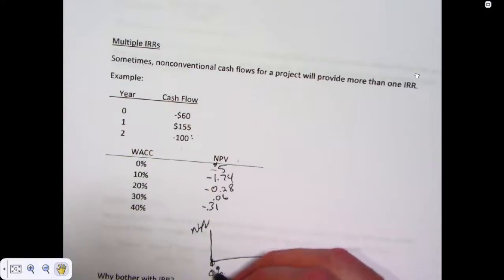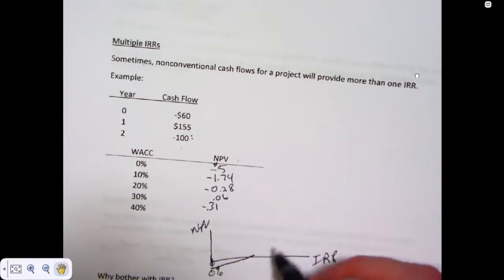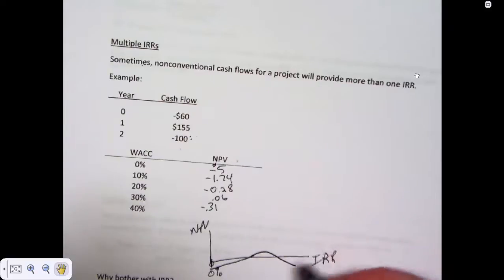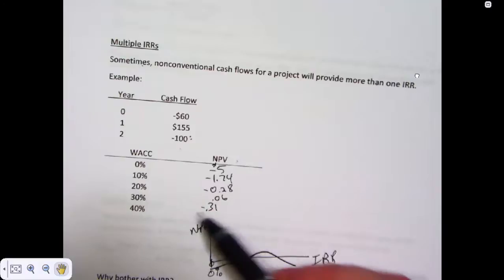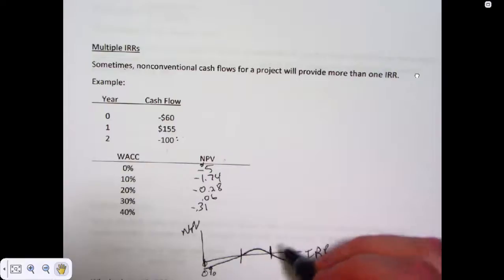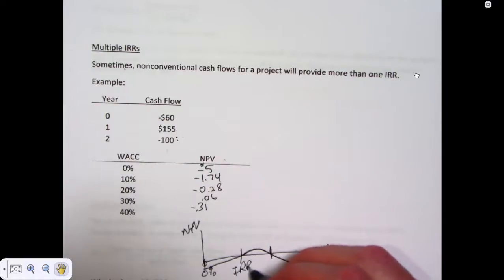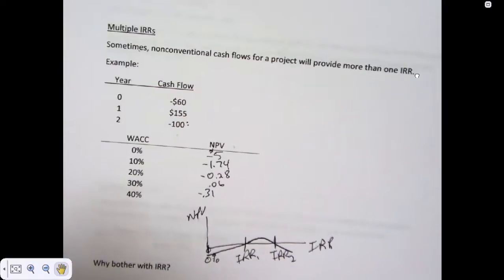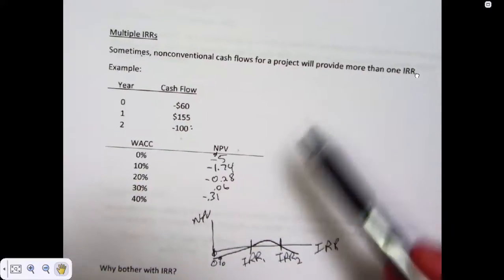And so what happened was that it slowly went up, and somewhere in between 20 and 30% became positive, and then it went back down like this. So remember, the IRR is the rate of return that sets the NPV equal to 0. So here we have 2 IRRs. And that happened because of this negative cash flow.